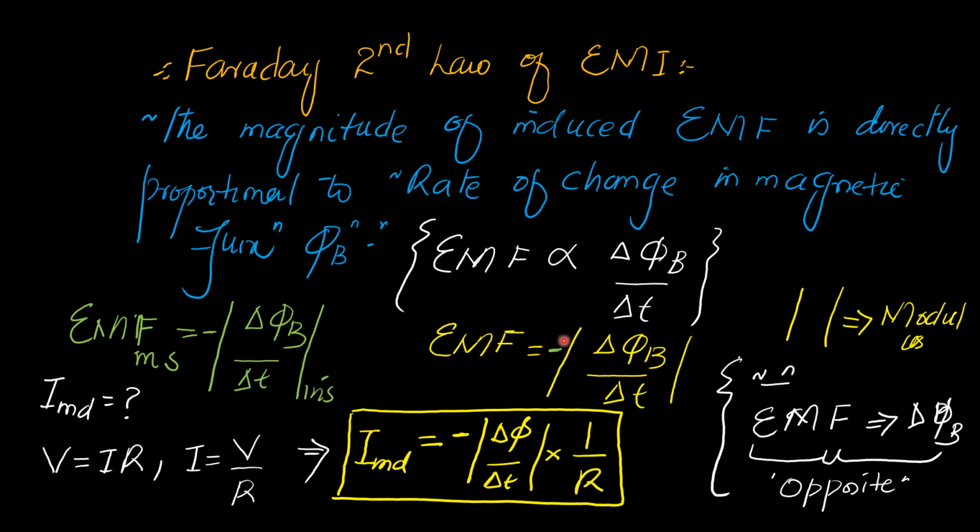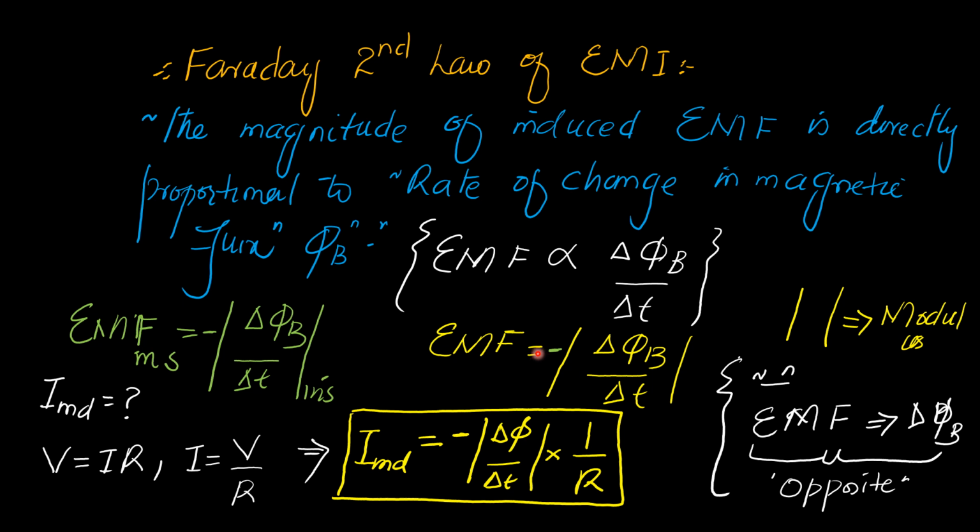So now we have the induced EMF. An important point to note here is that if we want to know the current induced in a coil, as we know the value of induced EMF, then for knowing the current in a wire or a coil, we need to have a closed circuit.